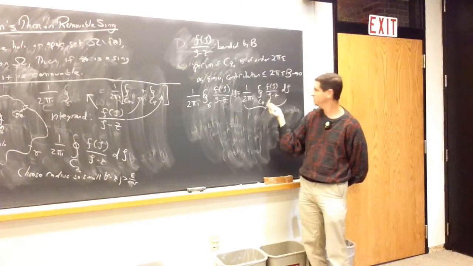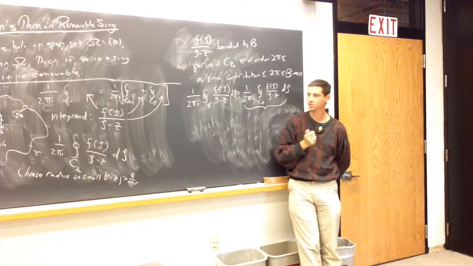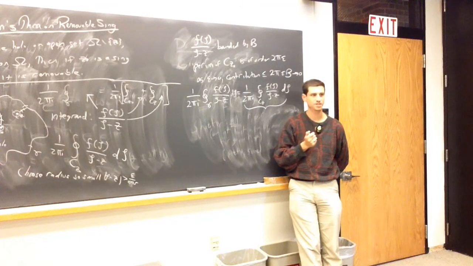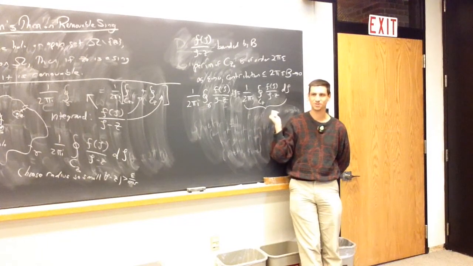I'm integrating f of zeta over zeta minus z over a circle containing the point z in the interior. What does this equal? If it's not a theorem of Riemann, it's got to be a theorem of Cauchy. What does Cauchy tell us this equals?